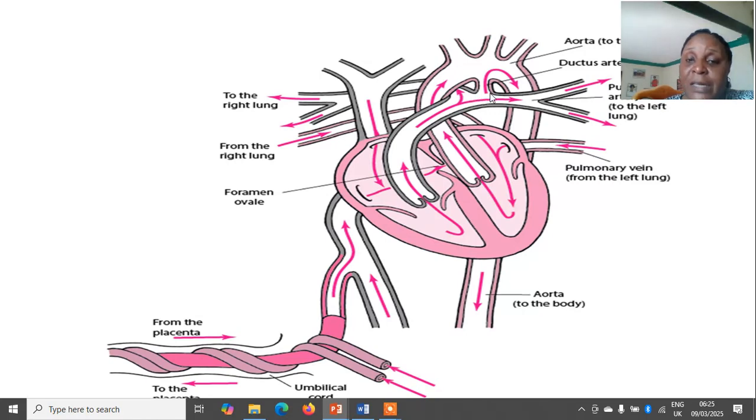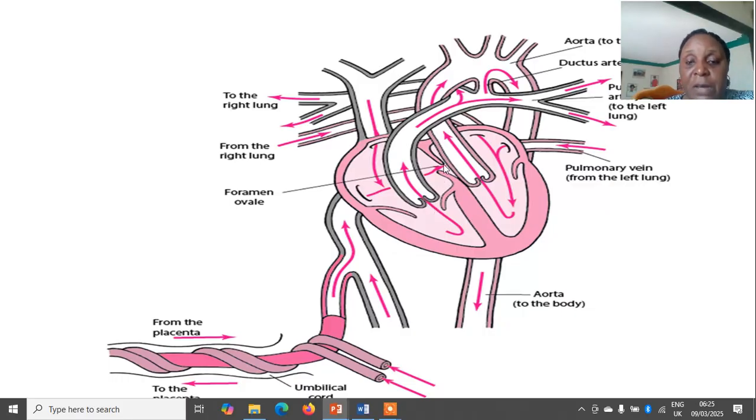Remember now this ductus venosus collapsed. So what does it mean? That blood from the upper extremities will be coming in from the superior vena cava, and it will come to the right atrium. Then as it comes to the right atrium, it will join the pulmonary circulation.